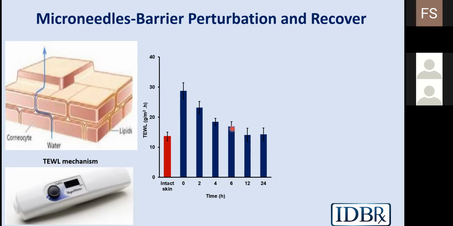Within about 6 to 12 hours, you can say all these pores have reformed. It depends on what kind of microneedle, what shape, what pitch distance is designed between the microneedles and such things, on the level of rupture and the time taken for recovery of micropores in the skin.